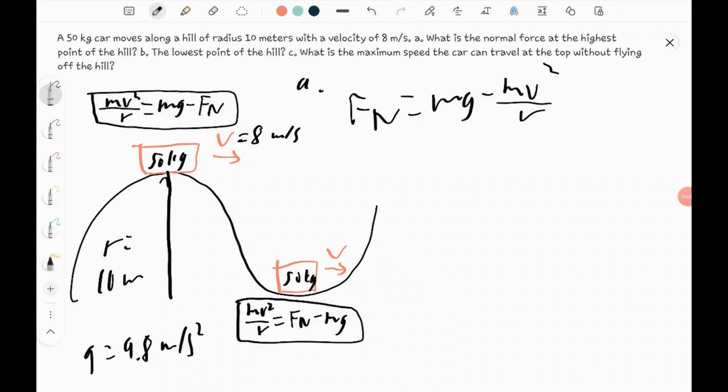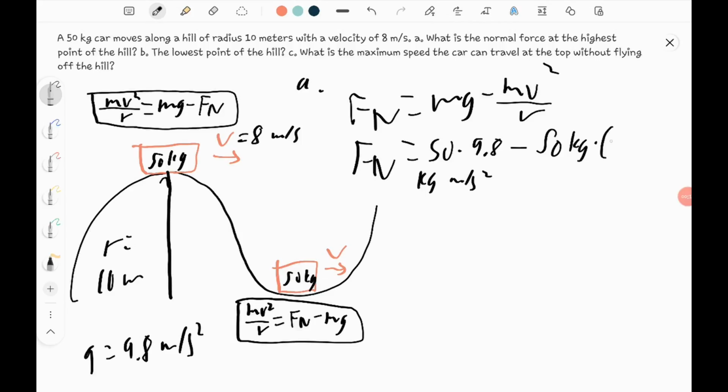From here, all we have to do is plug in our knowns. So the normal force is equal to m, which is the mass, 50 kilograms, times gravitational acceleration, 9.8 meters per second squared, minus the mass, 50 kilograms, times the velocity, 8 meters per second, quantity squared, divided by the radius, 10 meters.